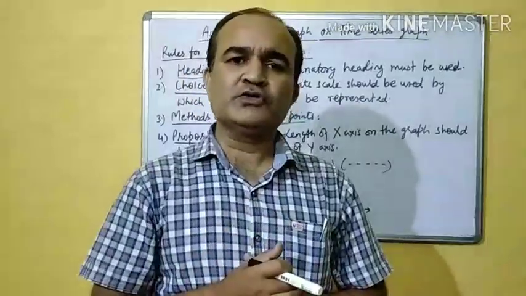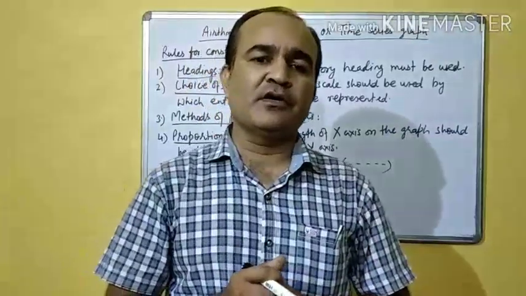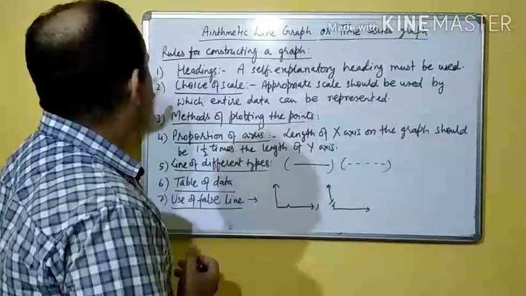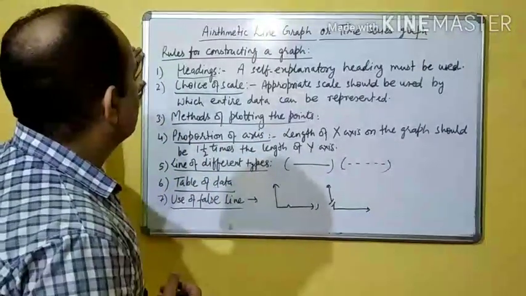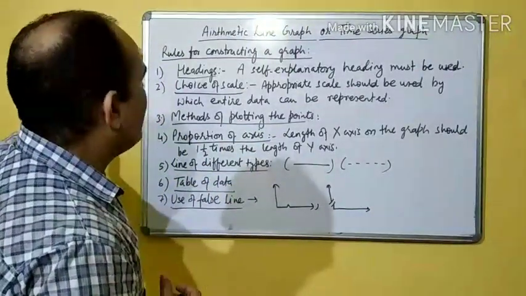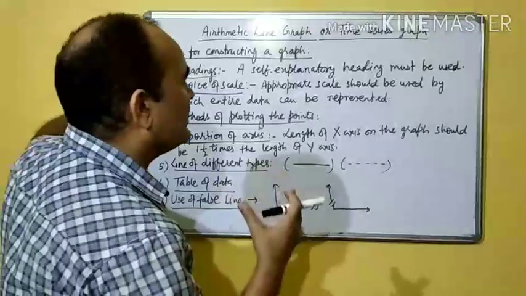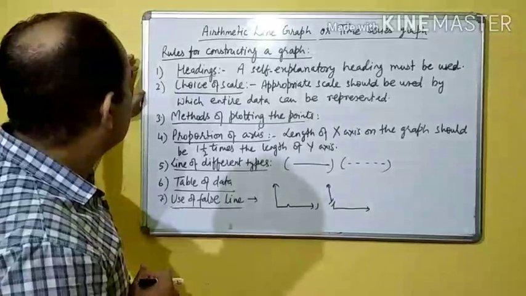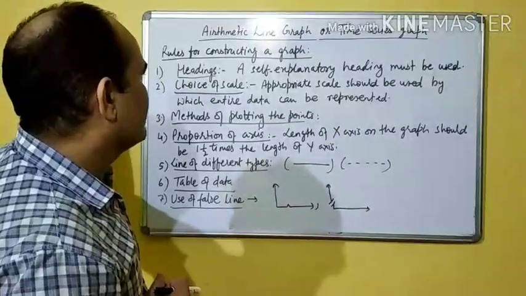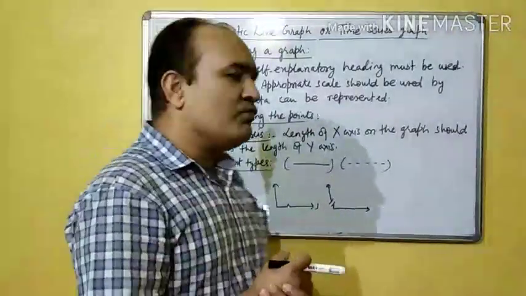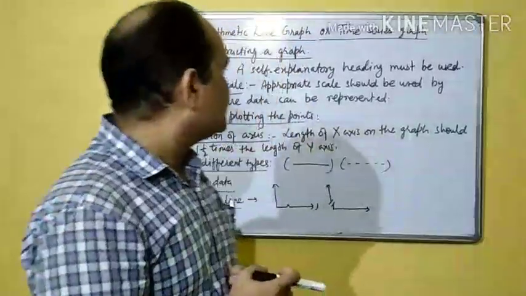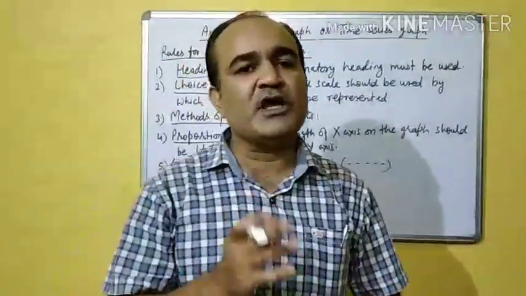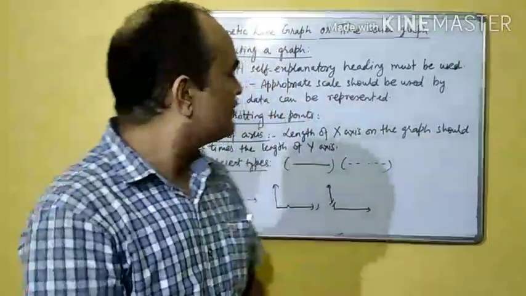Students, there are few rules which we have to follow while constructing a graph. The first rule says that we should have a self-explanatory heading while plotting a graph, and choice of scale. The scale which we choose should be appropriate so that the entire data can be represented with the help of that scale.